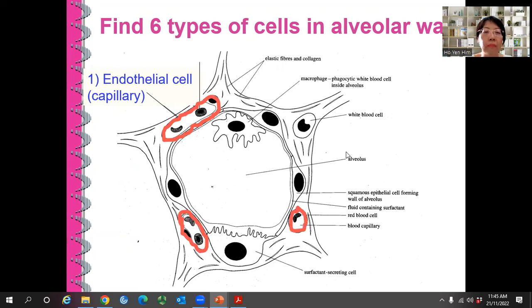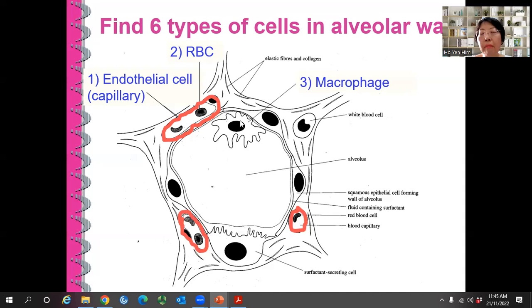So these are the capillaries. You can see one, you can see the rest of them, and the lumen filled with red blood cell, and sometimes there is white blood cell too. So the second type of cell you can find in the wall is the red blood cell in the lumen of capillary. The third type, you can see here, is a macrophage that has migrated out of the blood vessel and enters the alveolar space.